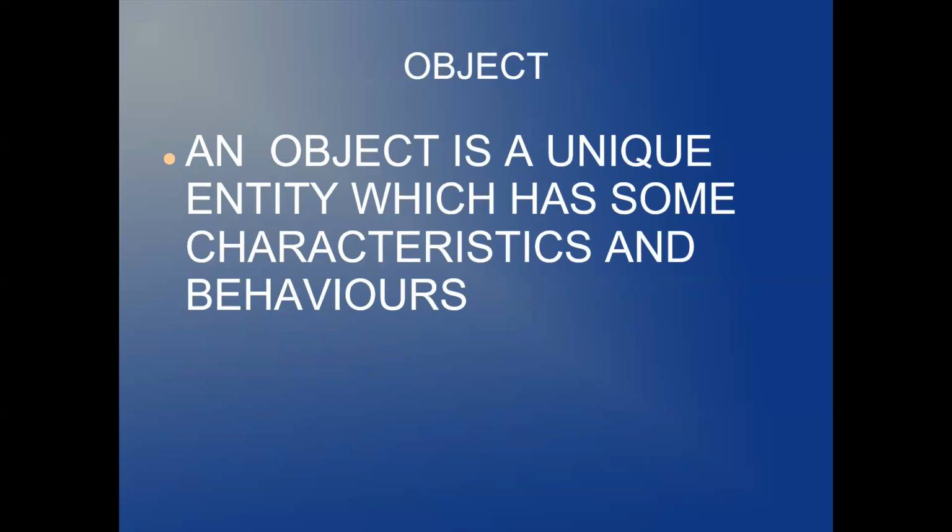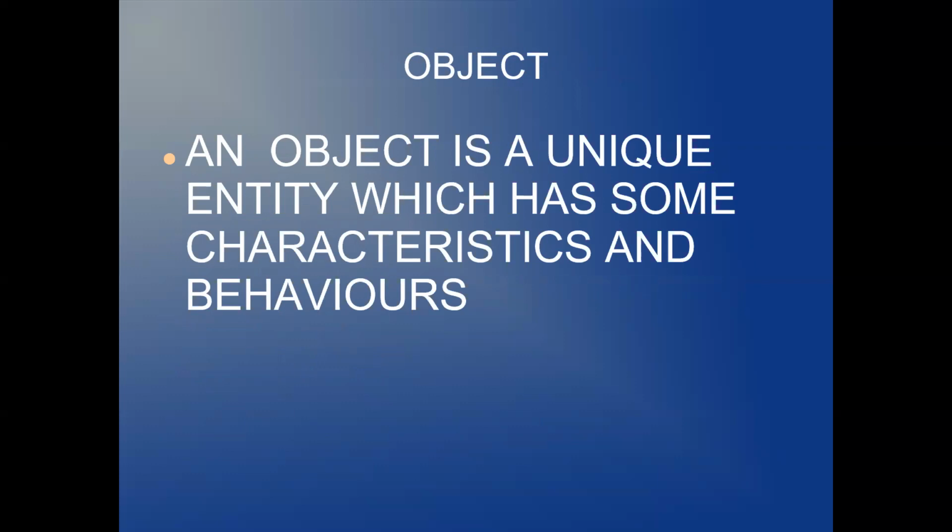What is an object? An object is a unique entity which has some characteristics and behaviors. Just like we talk about an element, it has certain characteristics and certain behaviors. In chemistry, we talk about matter.